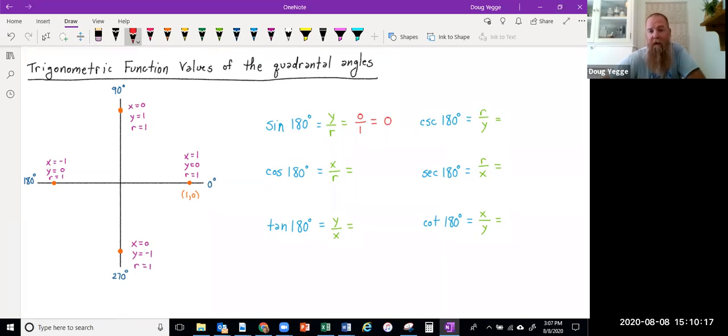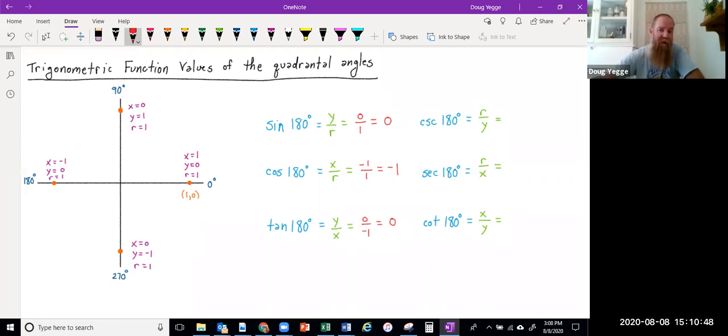But if we were looking at the ratio between the x coordinate and r, that becomes negative 1 over 1, which gives me an answer of negative 1. And lastly, if we look at y over x, notice that y is 0 over x, which is negative 1. So when we compare y to anything, I know that the answer is simply 0 because there is no y coordinate.